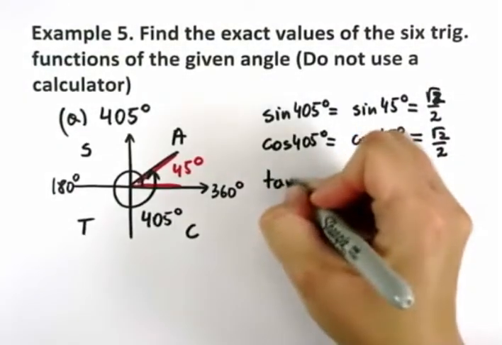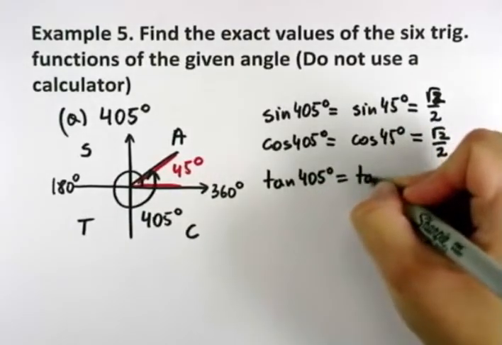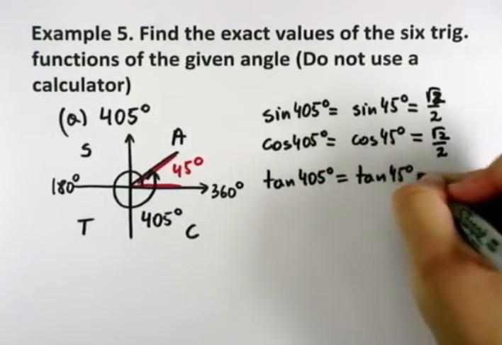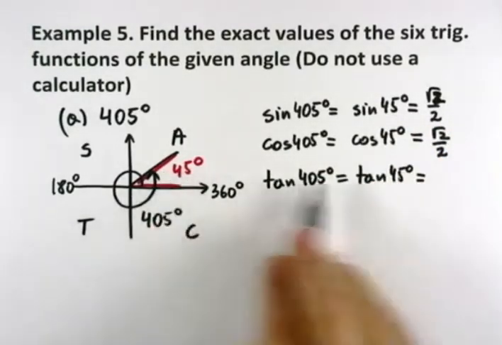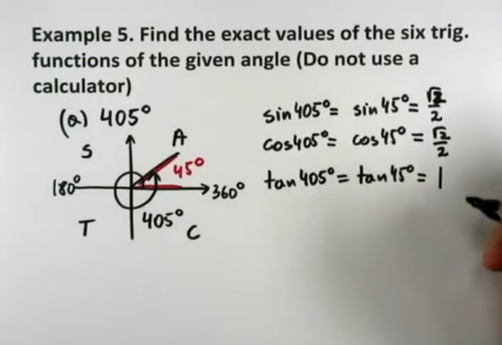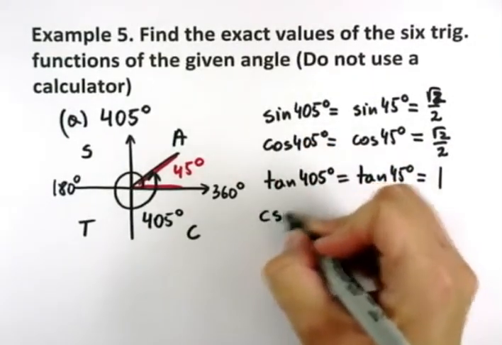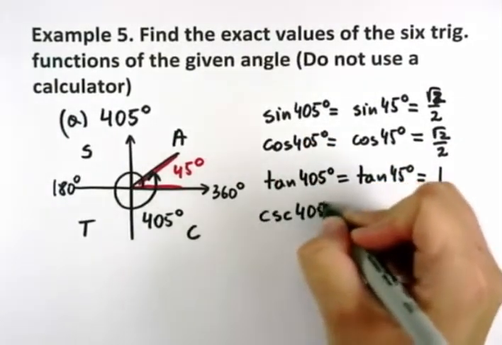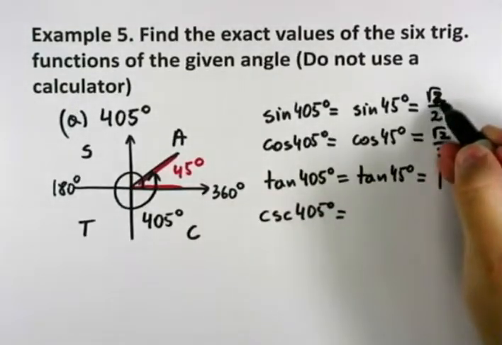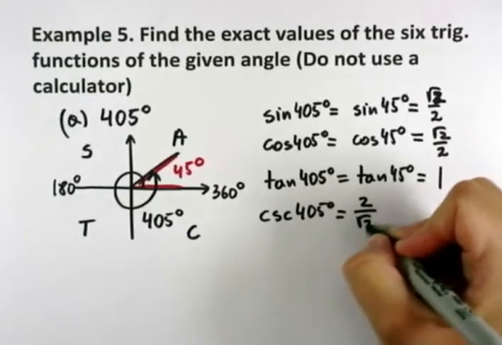Tangent 405 degrees is tangent 45 degrees. Sine is positive, so it's plus. Tangent 45 degrees is 1. And then the reciprocals. Cosecant 405 degrees is the inverse of sine, so it's nothing else but 2 over root 2.